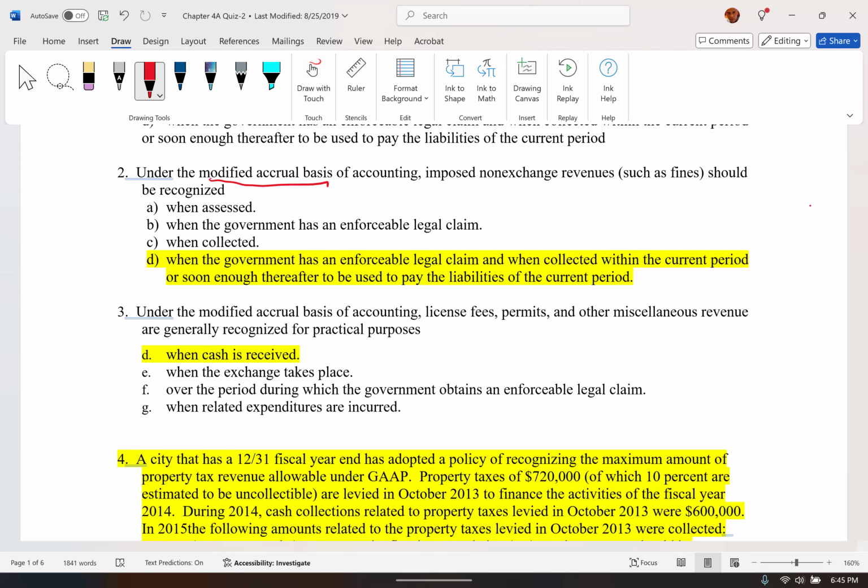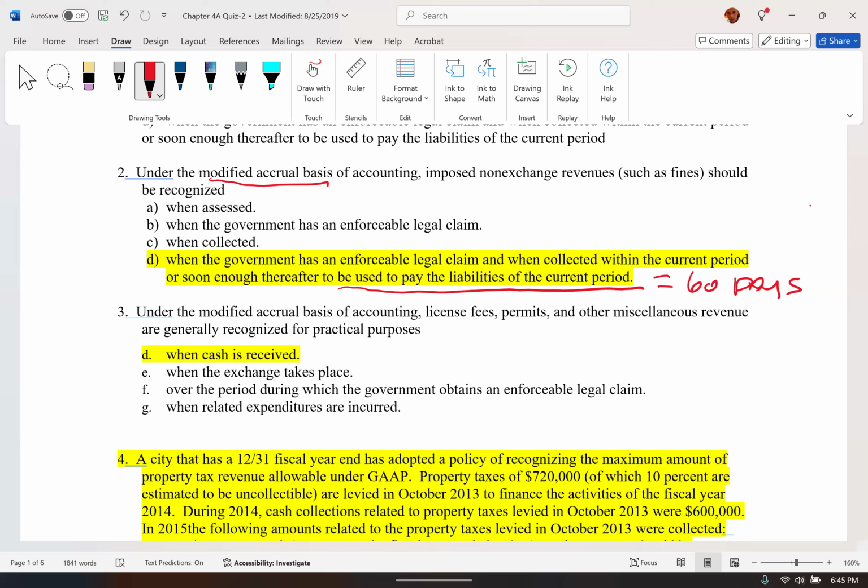And that's the phraseology that GASB uses that translates into, for our purposes, what? The 60 days. It's available to pay liabilities of the government within a reasonable period of time, which many governments have defined as 60 days.